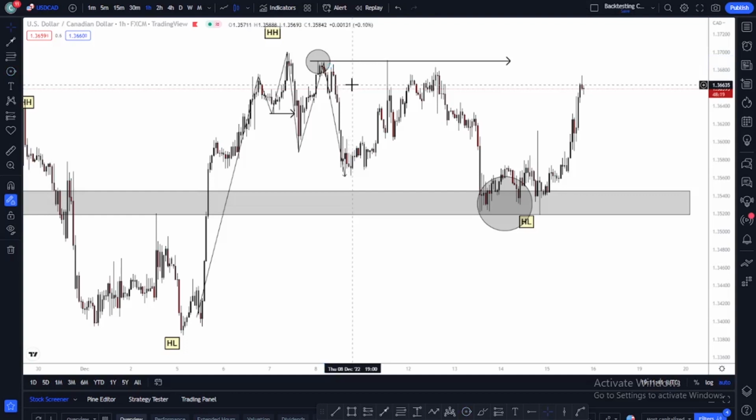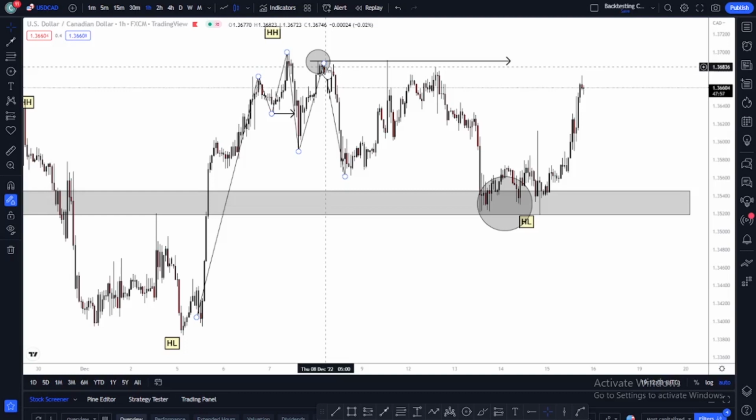But as soon as price breaks and closes above this H1 lower high, it means the H1 structure has changed back to bullish, and the probability of our retracement not coming into our zone is high. Do you all get it?